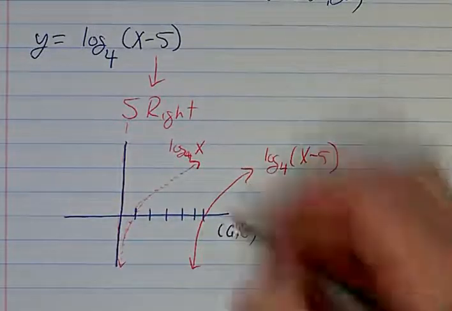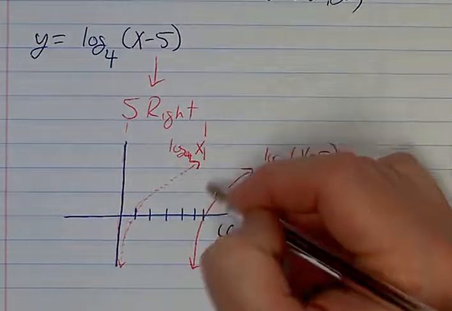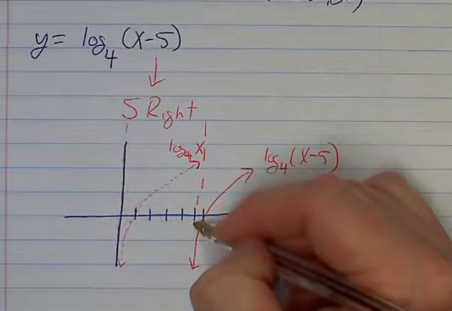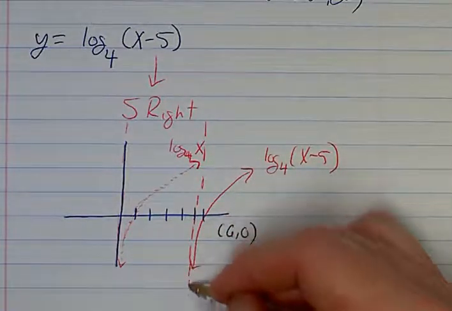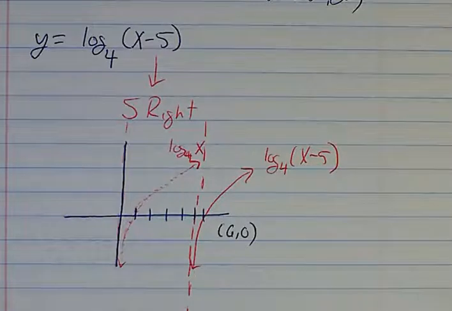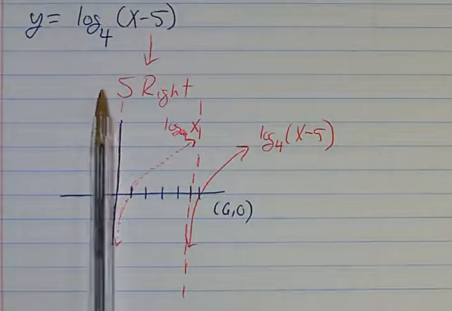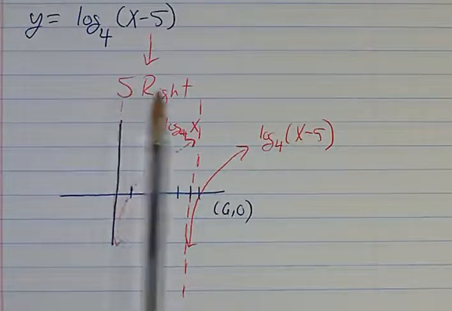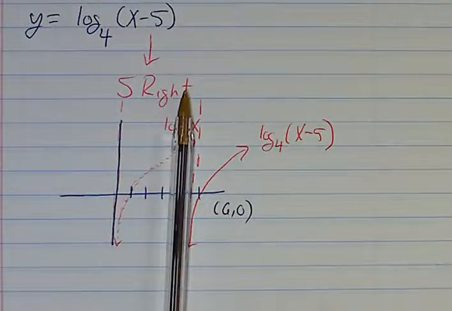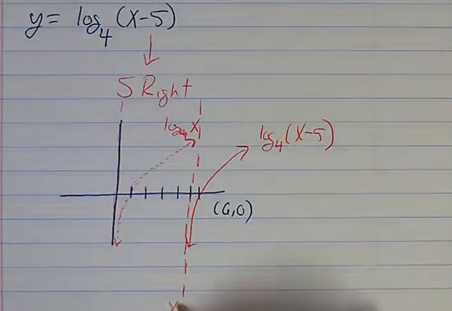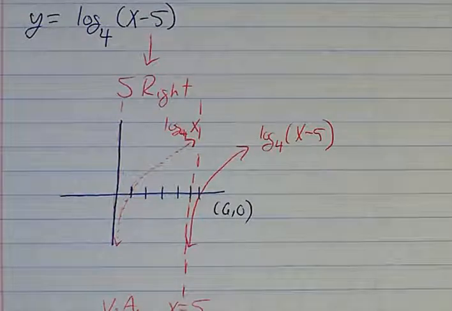If you had this graph, they might actually make you go back and draw a vertical asymptote right there at 5. Because like this one, 0 is our cutoff line, and when we move this 5 spaces over, now 5 becomes our cutoff line. So you've got a vertical asymptote at x equals 5, because you cannot cross that line. That's your cutoff.